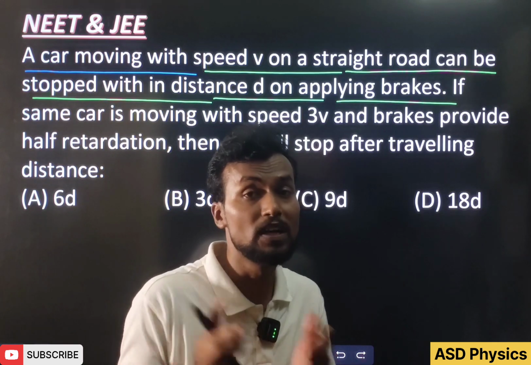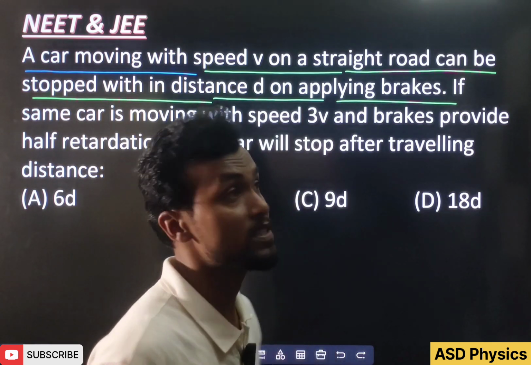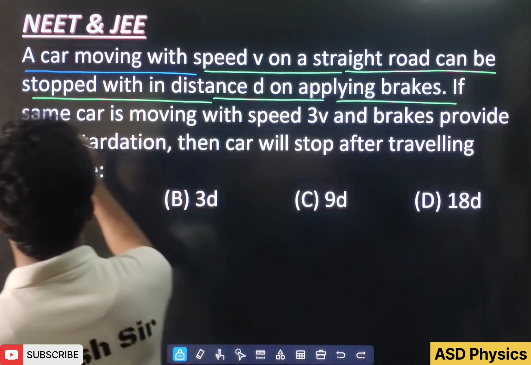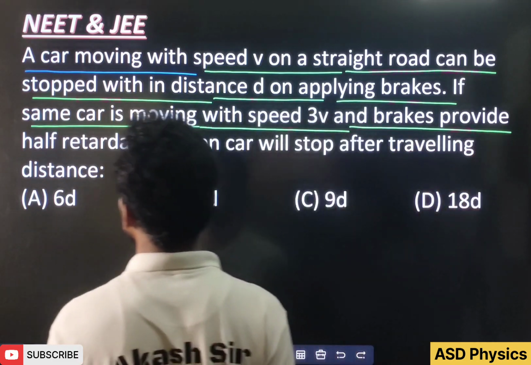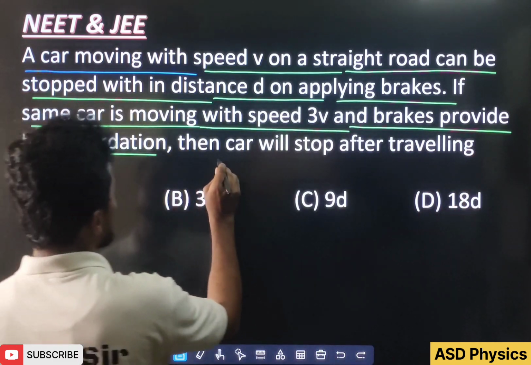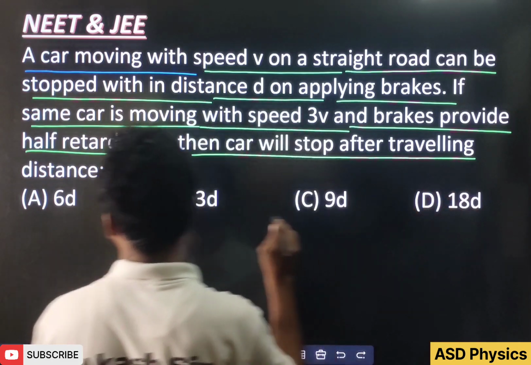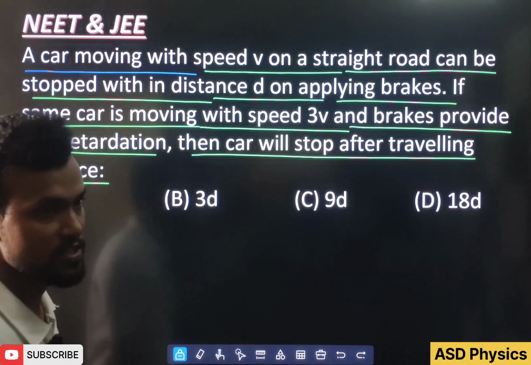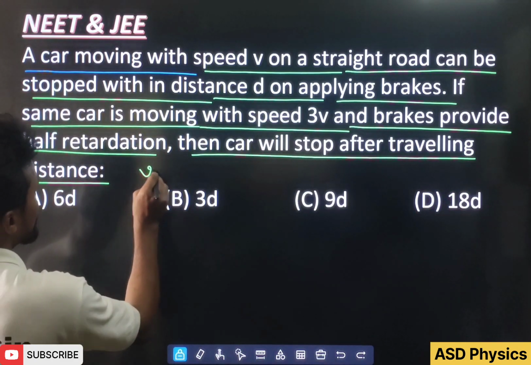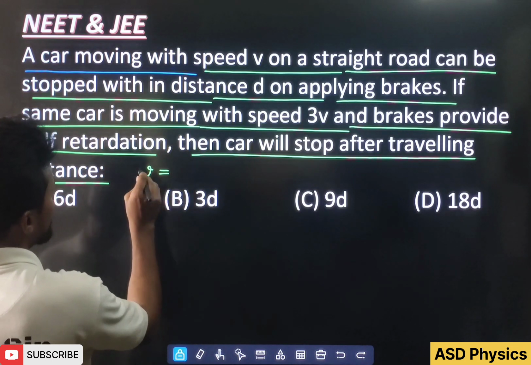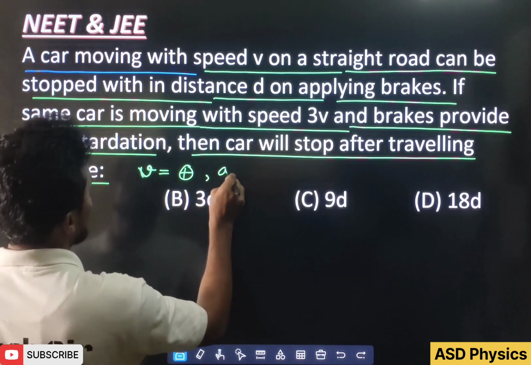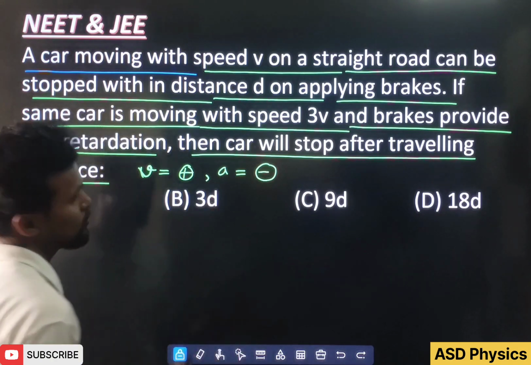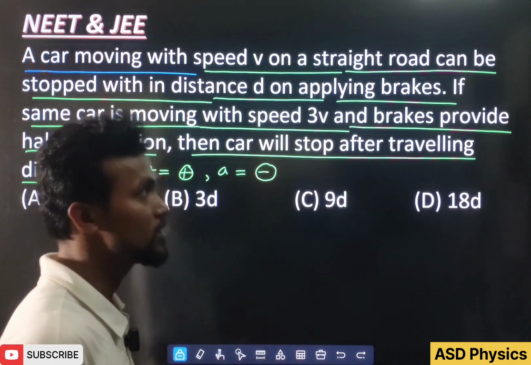If v is positive, acceleration has to be negative, that means retardation is happening. If the same car is moving with speed 3v and the brakes provide half retardation, then the car will stop after traveling how much distance? Remember that if the velocity is positive, acceleration has to be negative, then only the car can be stopped, as I told you in the starting.